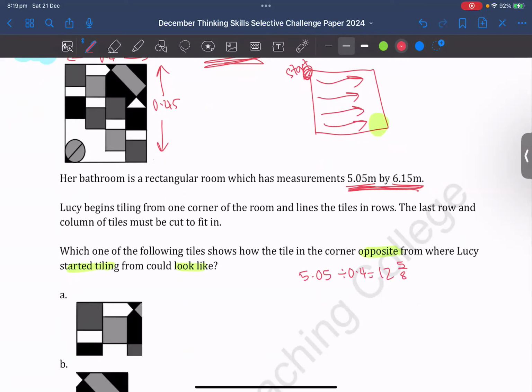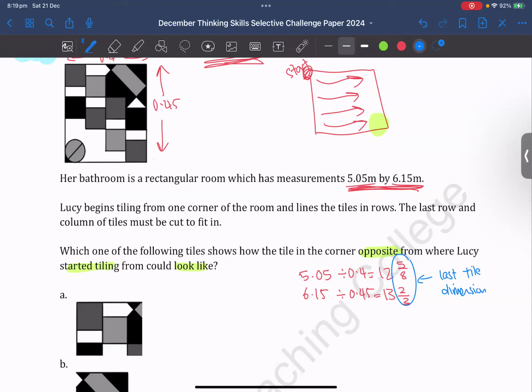And then for the next one, 6.15 divided by 0.45 gets me 13 and 2/3. The reason why I'm using fractions is to keep in mind that this fraction is basically the dimensions of that last tile.